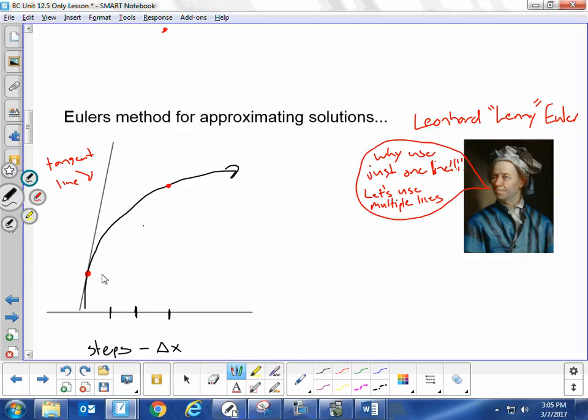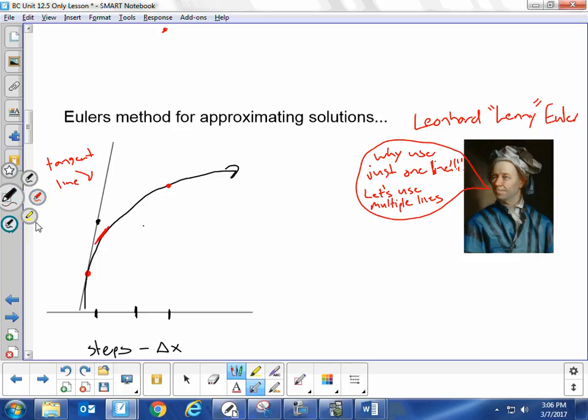He instead says, okay, use this point, which is over my first step. I don't want to go crazy here, so let's just kind of make it look a little nicer. Okay, so my first step brought me here. And then he says, okay, well, if this was on the line, we would have a tangent slope that would be like that.